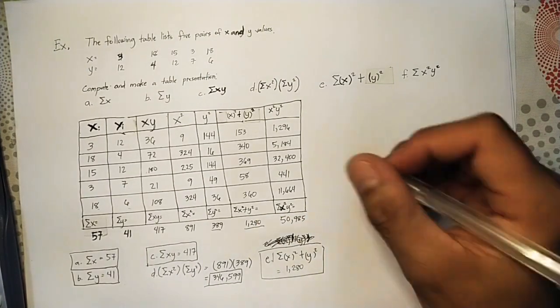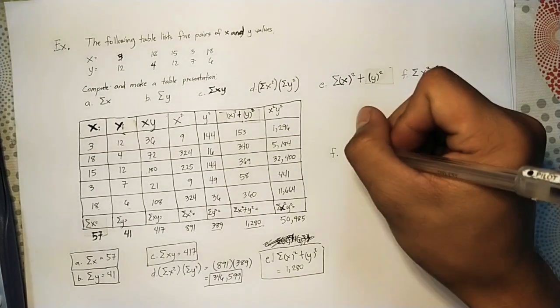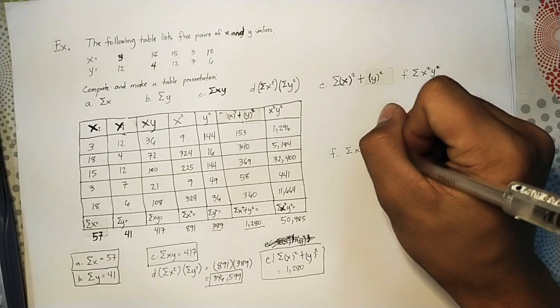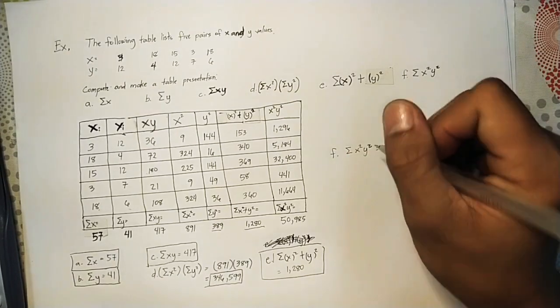Ayan. So, let's proceed to our letter F, which is the summation of x squared times y squared. Medyo madugo na.